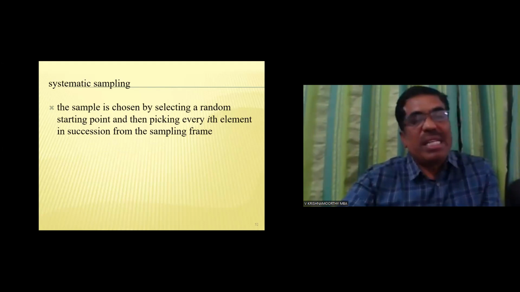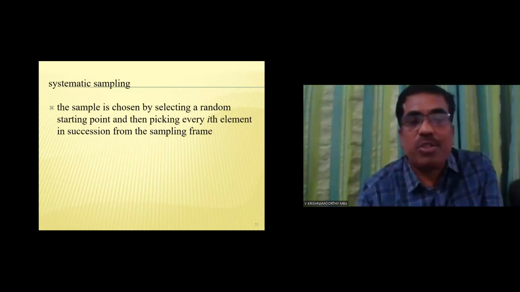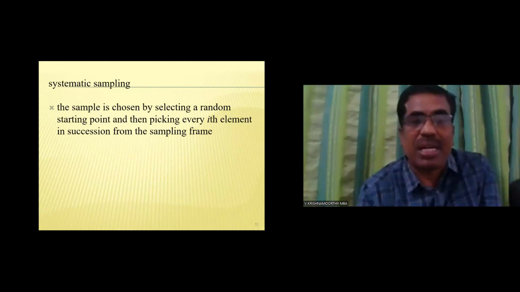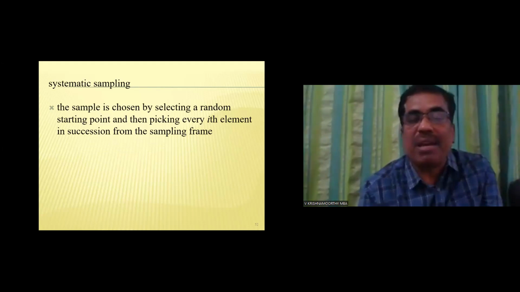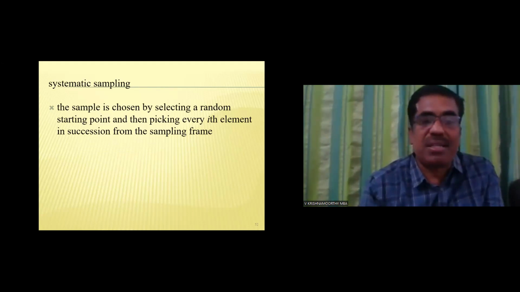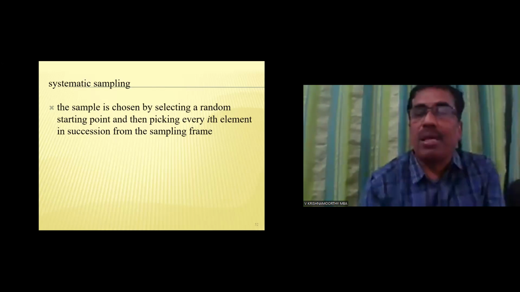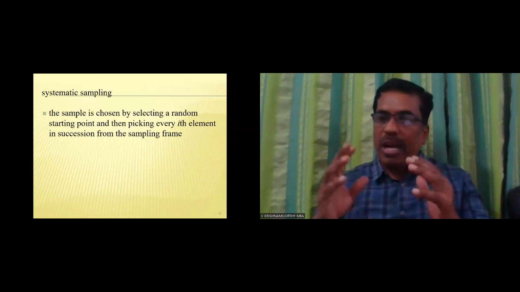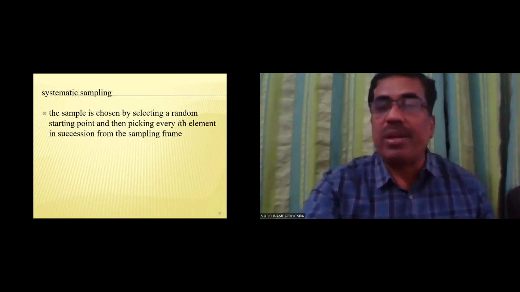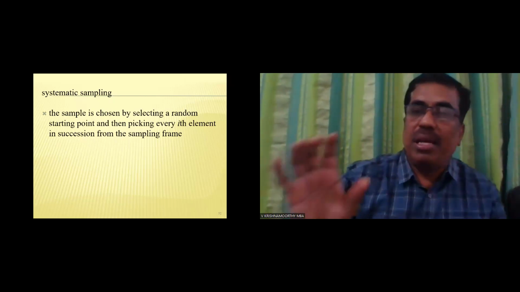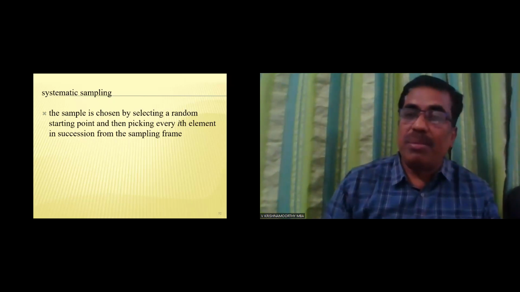So what is systematic sampling? Systematic sampling means the sample is chosen by selecting a random starting point and then picking every 8th element in succession from the sampling framework. This is very simple. Under what circumstances can you use the random sampling method?